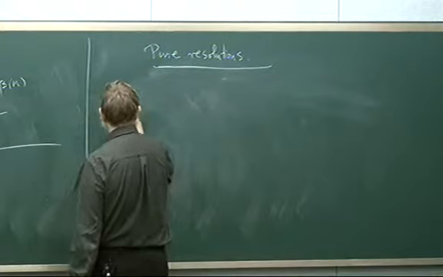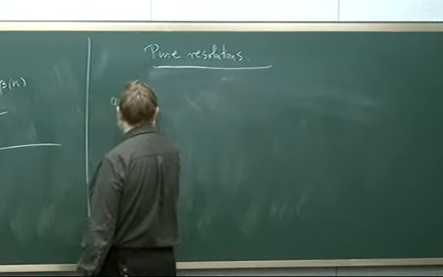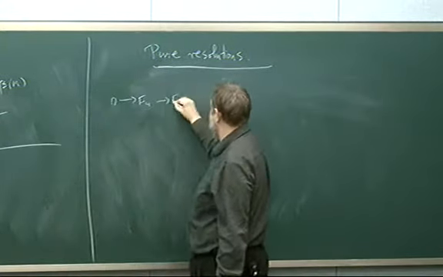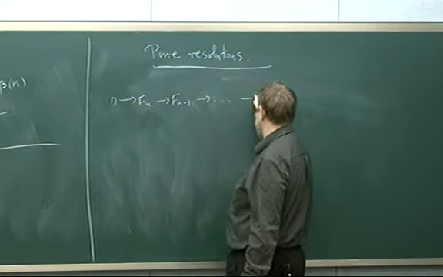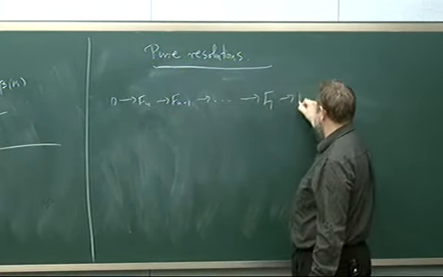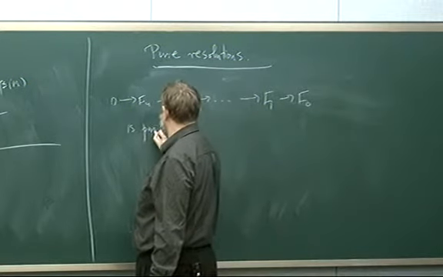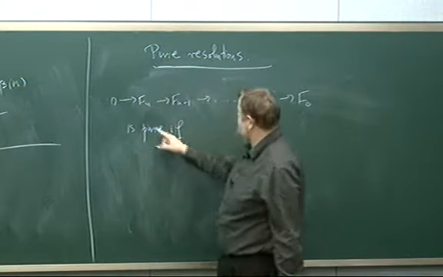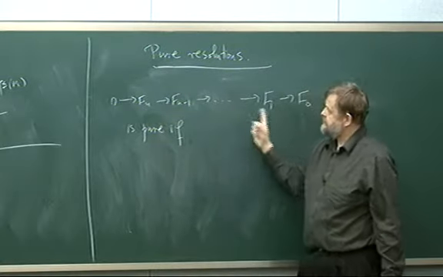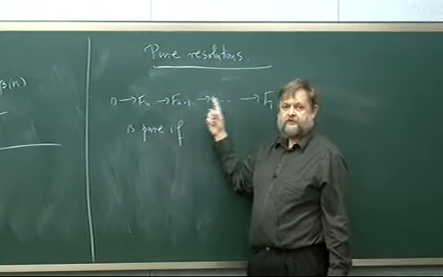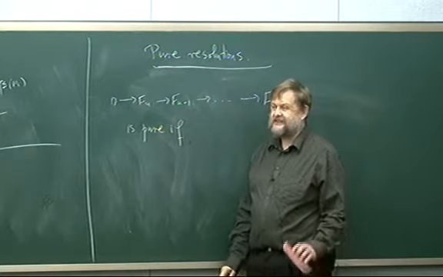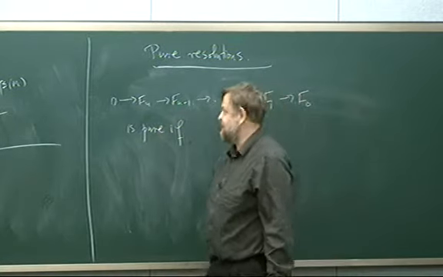Well, a resolution F_n to F_0 is pure basically if the generators of every one of those modules are concentrated in just 1 degree.